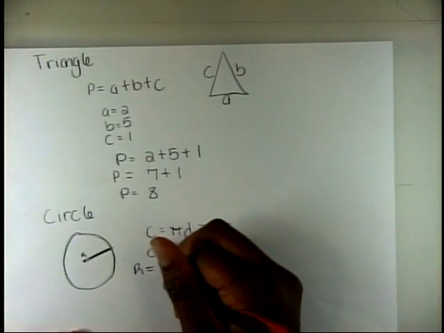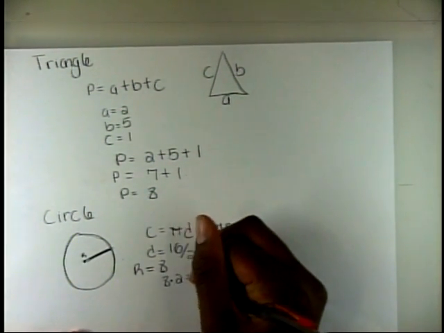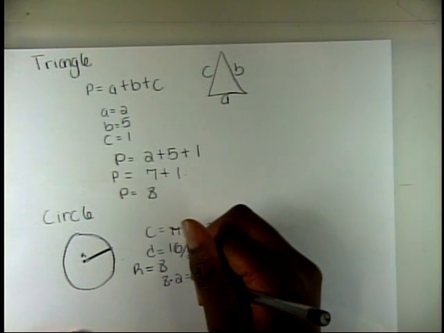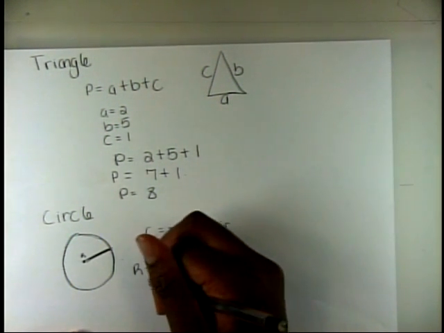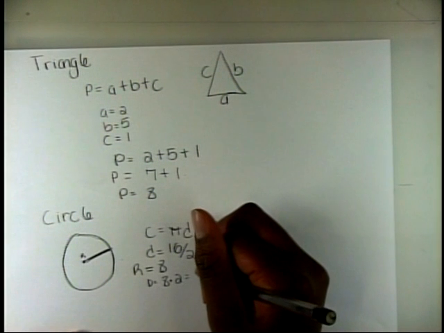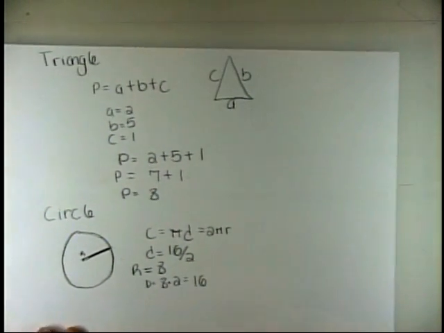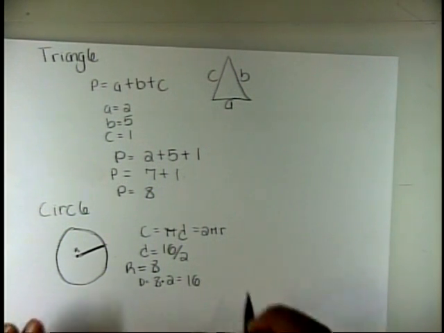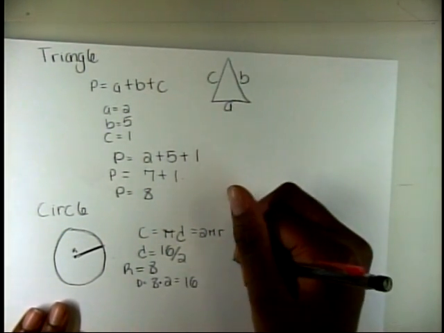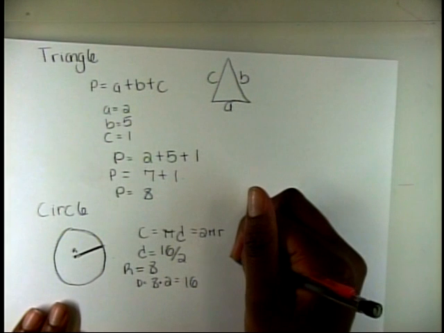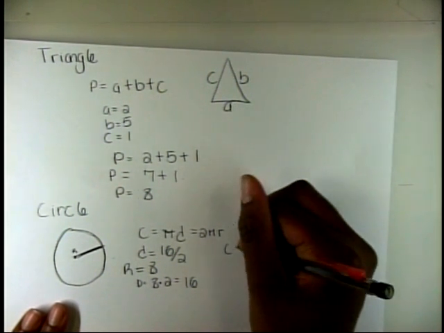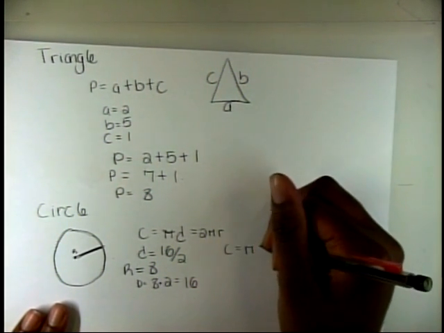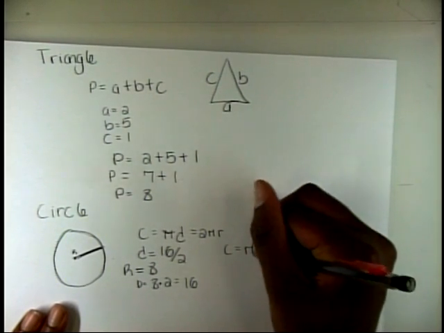If I said 8 times 2, my diameter will be 16. So let's finish this equation off. So I have my diameter, which is 16. So I would say pi times 16.